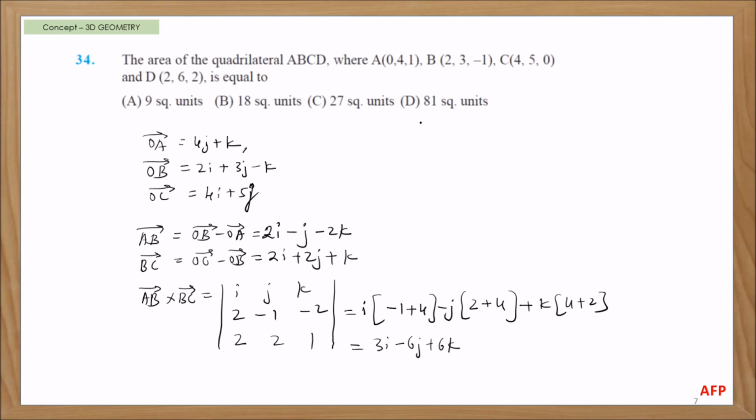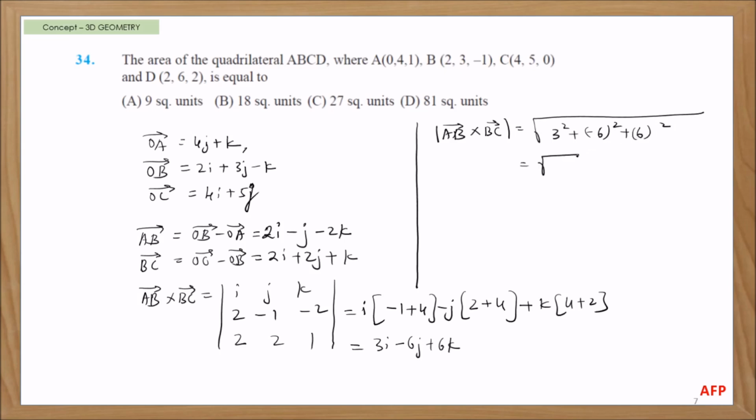So now I go for magnitude. We will find vector AB cross vector BC, which equals the square root of 3 squared plus (minus 6) squared plus 6 squared, so 9 plus 36 plus 36, you got 81, so it is nothing but 9.